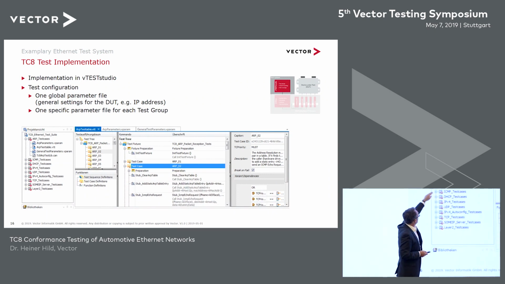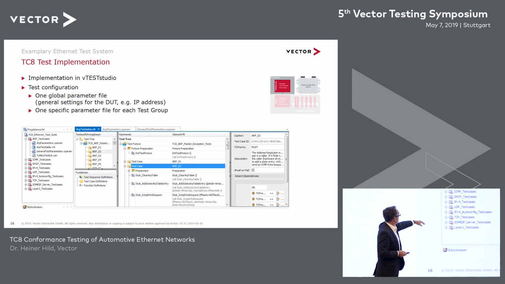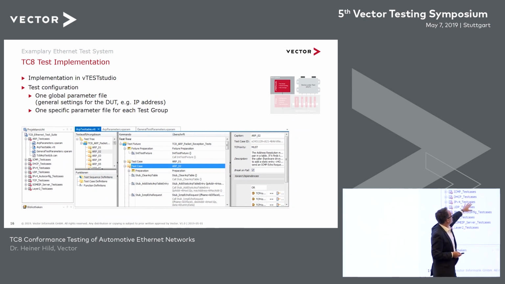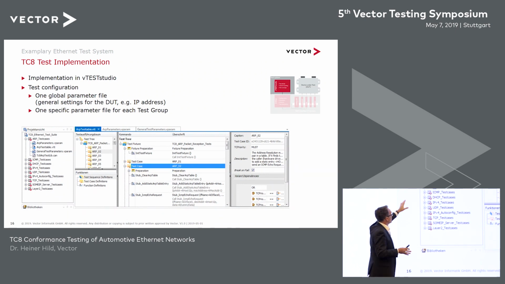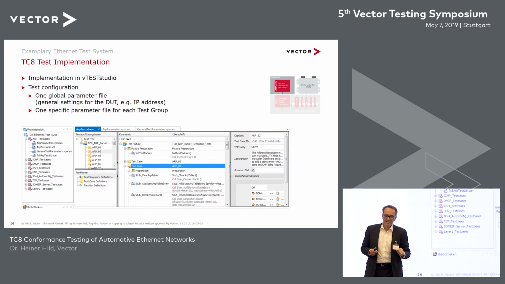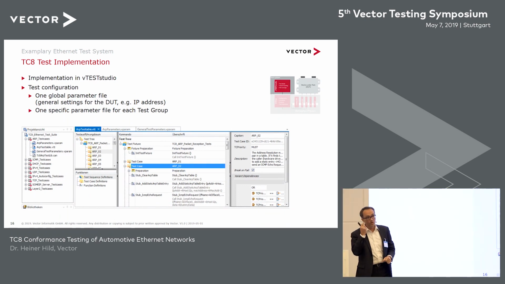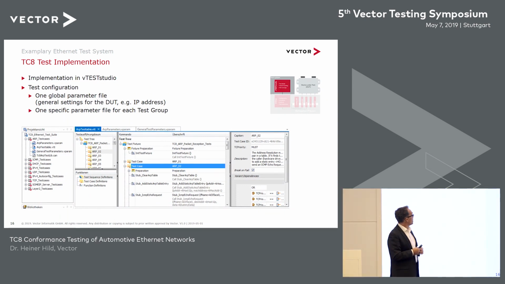It's organized in the same way as the test groups from TC8. So what you can see in the project view are the individual test groups as I showed them to you earlier. So it doesn't fully go without intervention. You have to slightly configure the test, but we try to reduce it to a minimum.